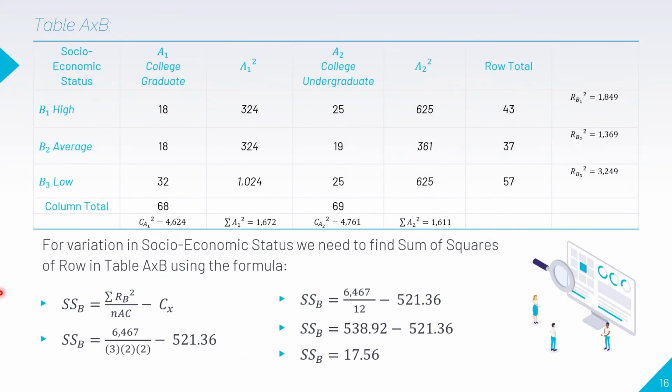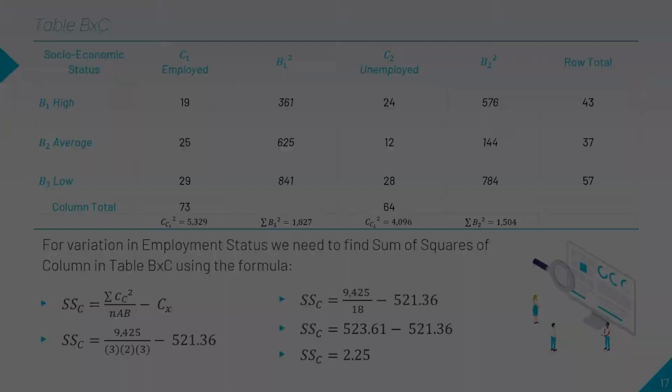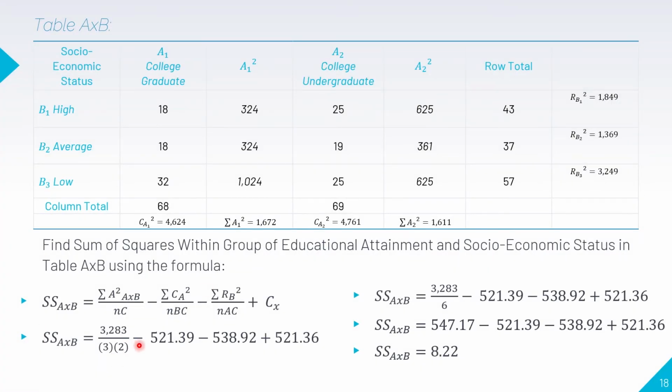Because we already solved it earlier, so we can put it there already. So that's our values. So 3,283 divided by 3 times 2, 6 divided by 6, we have 547.17. So minus them all plus the value of CX, we have our summation of our A by B equals to 8.22.